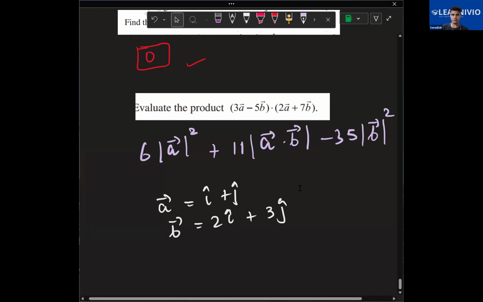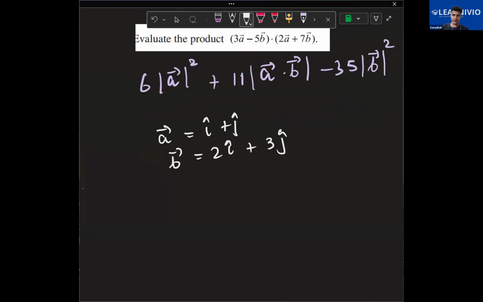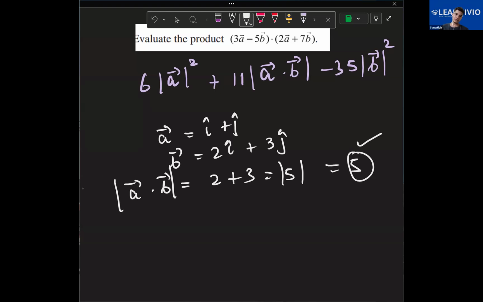So if you find this a vector dot b vector, this will be how much? 2 plus 3. That is 5, right? And this will not affect your answer, right? It will still be 5. So whether you put the modulus or not, it makes no difference, right?